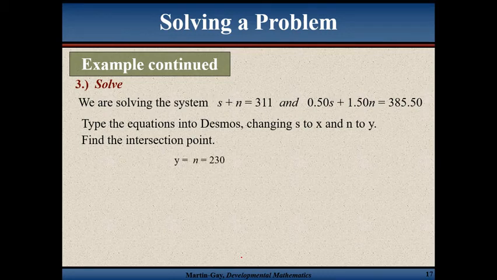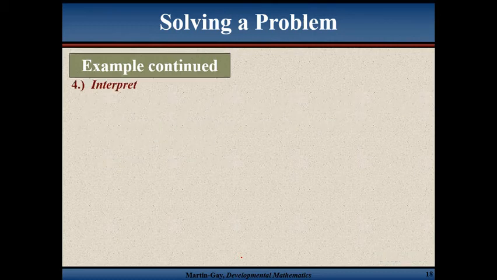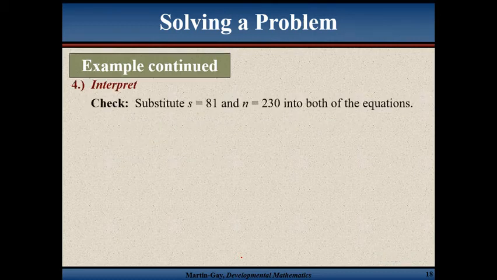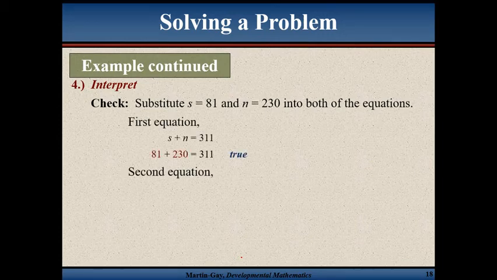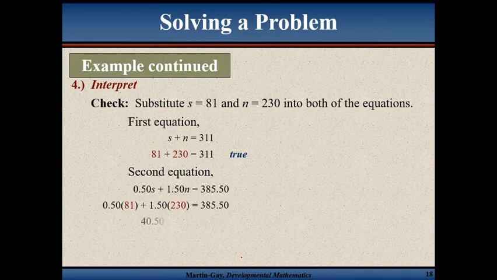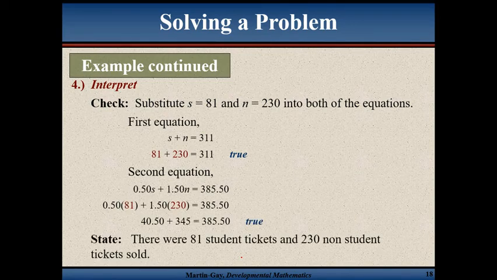So your intersection point is at Y equals 230 and X is equal to 81. If we substitute these into both of our equations, we will see that both sides are true. So 81 tickets were student tickets, and 230 were non-student tickets that were sold.